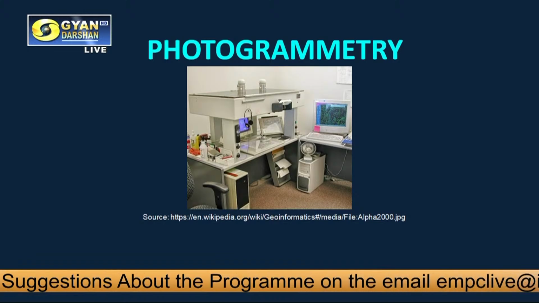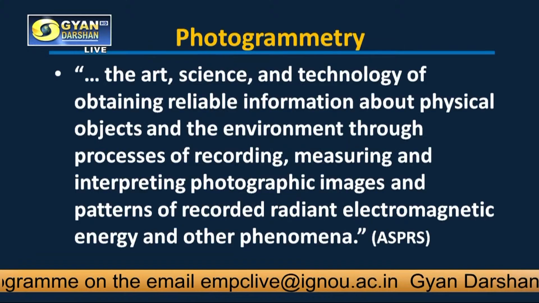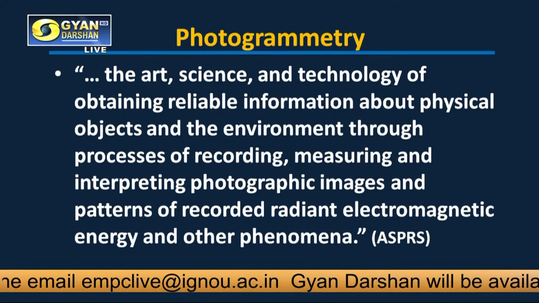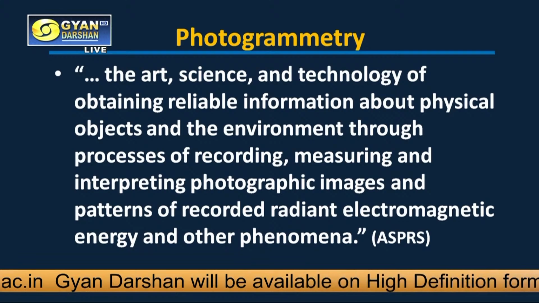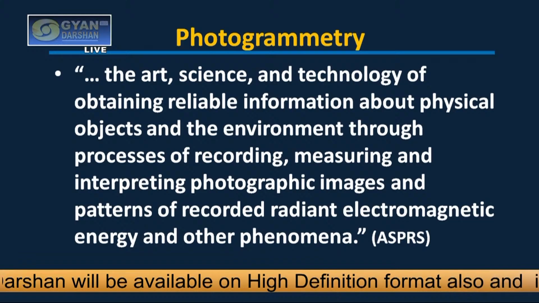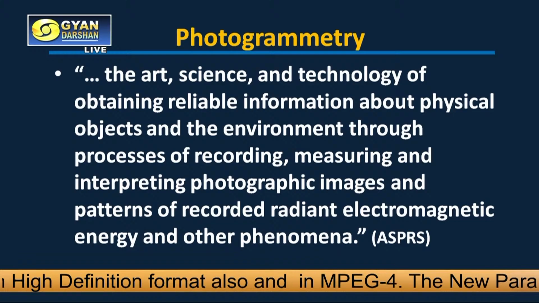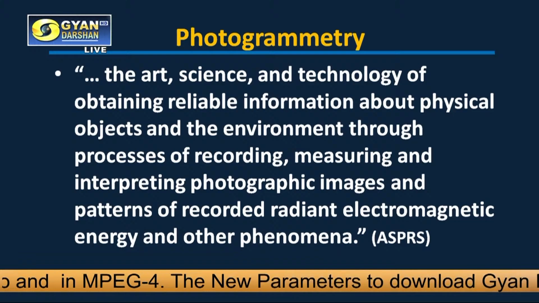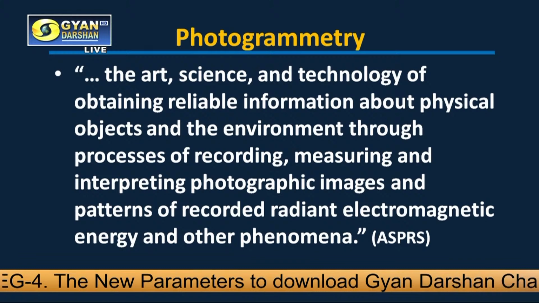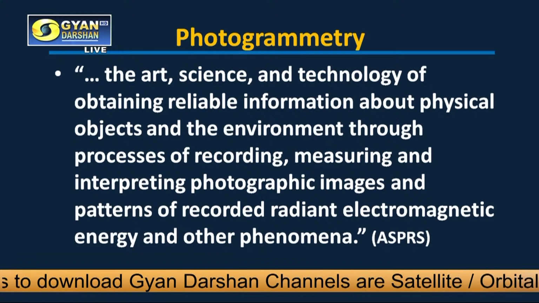Now, I come to photogrammetry. This is also one of the components of geoinformatics. Photogrammetry is the art, science, and technology of obtaining reliable information about physical objects and the environment through processes of recording, measuring, and interpreting photographic images and patterns of recorded radiant electromagnetic energy and other phenomena.